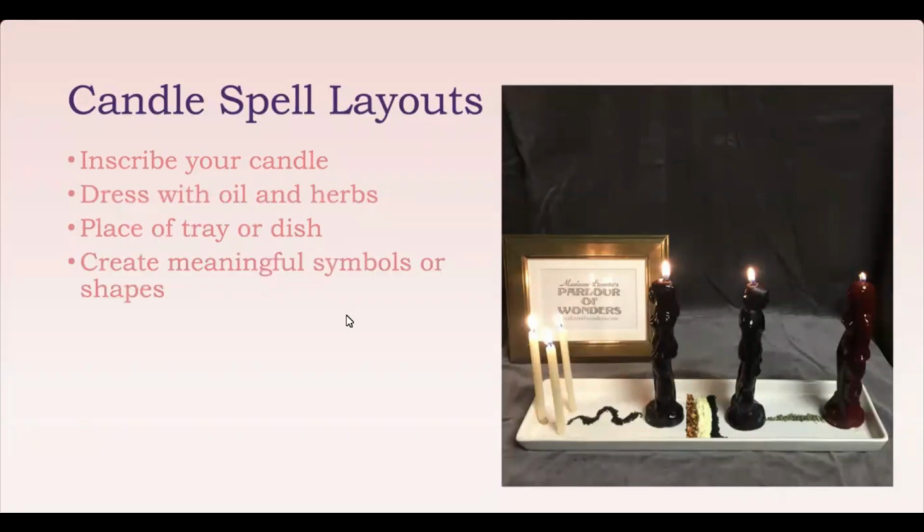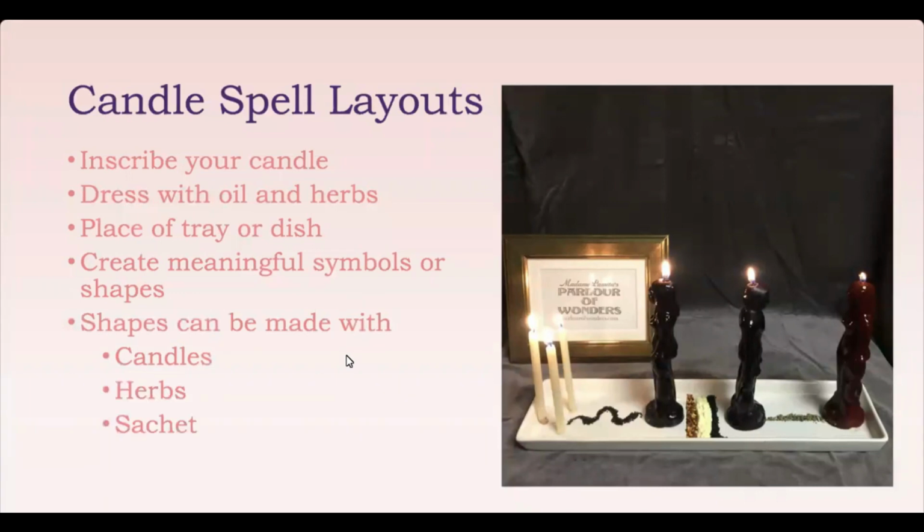When you do that, you can start to create some meaningful symbols or shapes in the layout of those candles and how you arrange them. Shapes can be made with the candles themselves, or they can be made with herbs or sachet powders. These are all of the things that we can use to create some interesting designs and patterns and layouts.